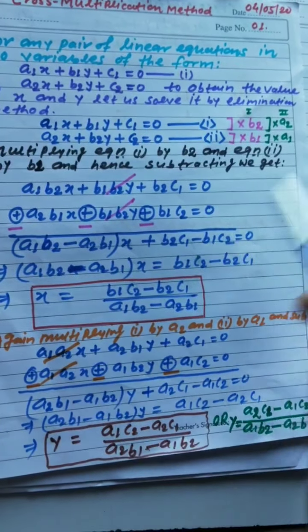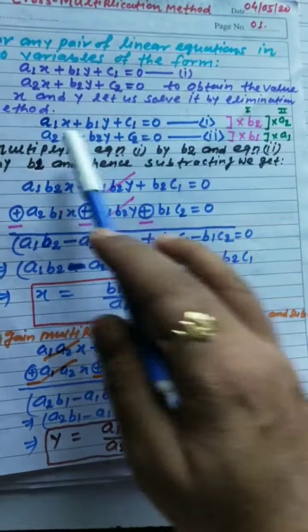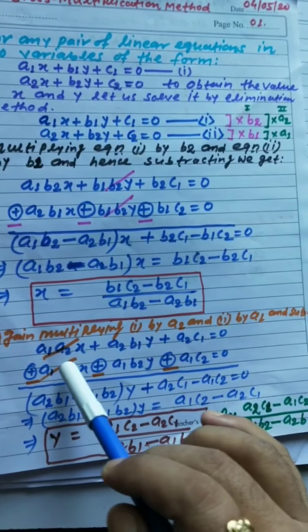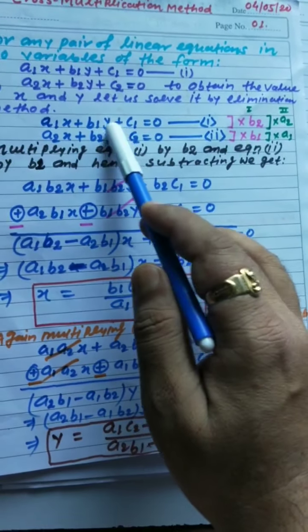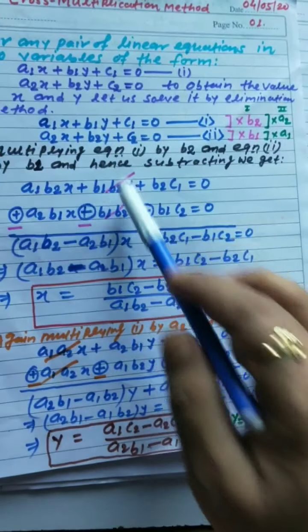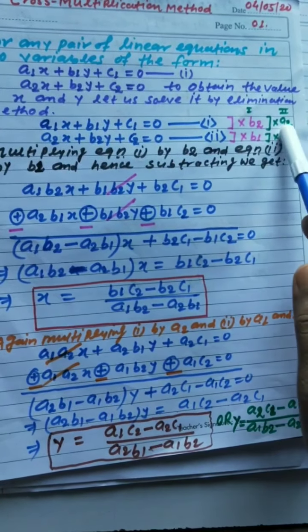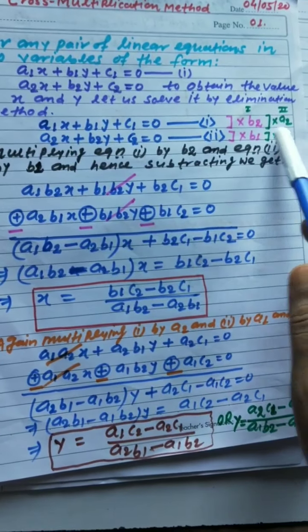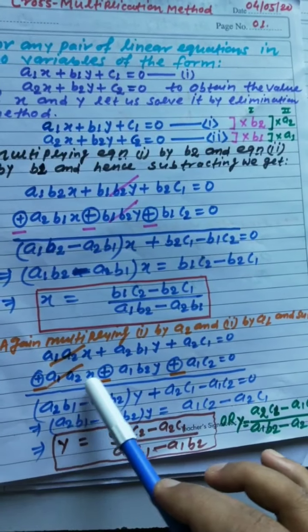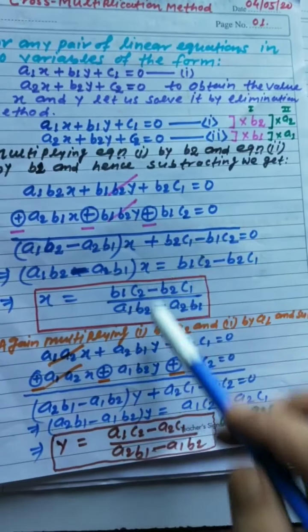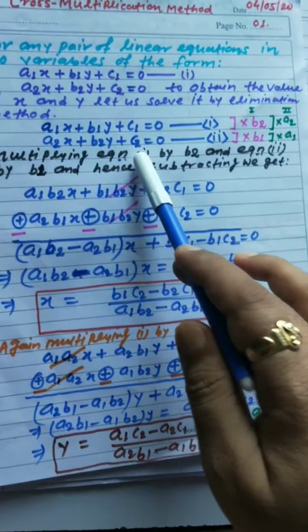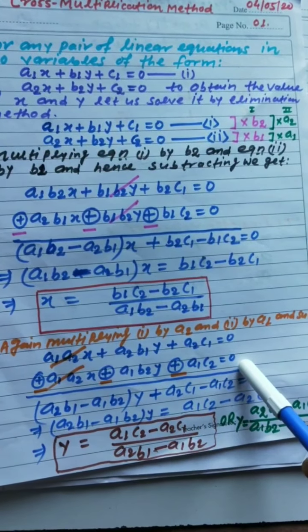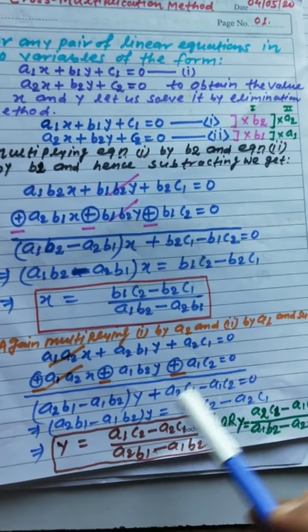Then after multiplying, a1 a2 x will be there, and a2 b1 y will be there, and a2 c1 is here, is equal to 0, and a1 a2 x, a1 b2 y, and a1 c2 is equal to 0 multiplied by a1 will be 0.